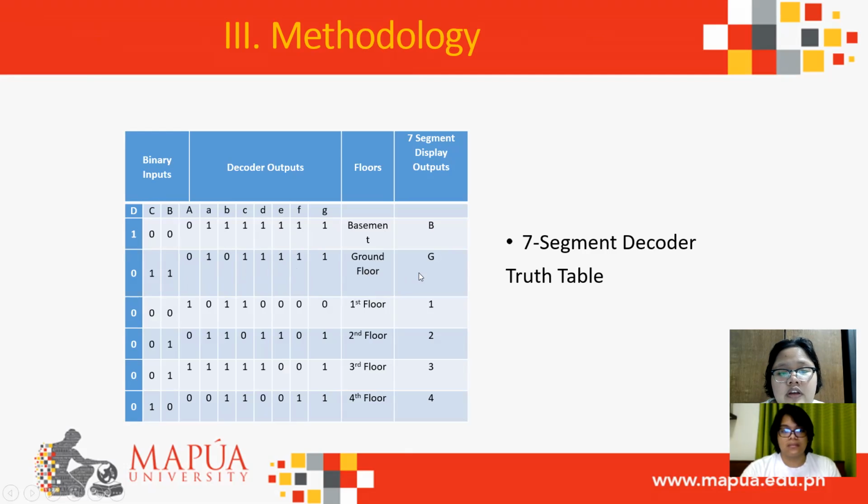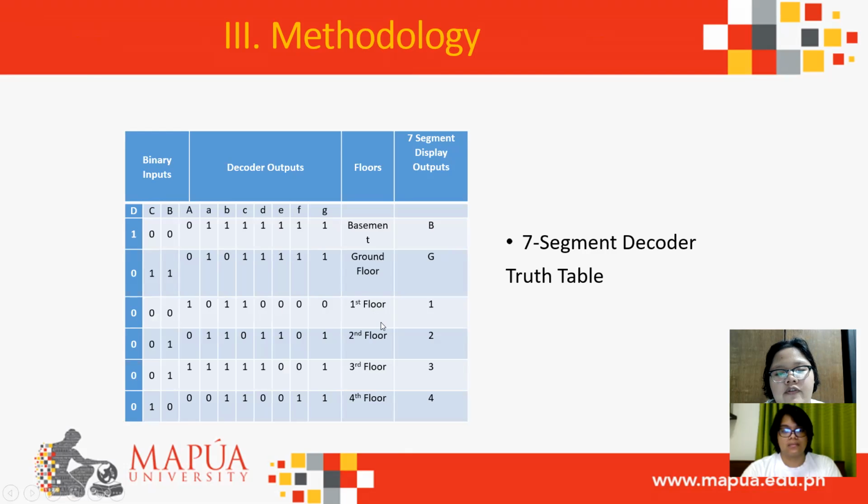So as you can see, we have letter G, and for the first floor, we have a binary input of 0001 and a decoder output which is 0110.